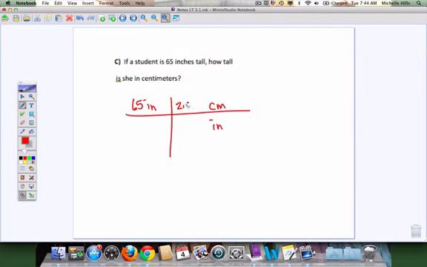Now my inches units can cancel. I'm going to take 65 times 2.54 and then divide by whatever's on the bottom, which is the 1. So 65 times 2.54 is 165.1. So she is 165.1 centimeters tall.